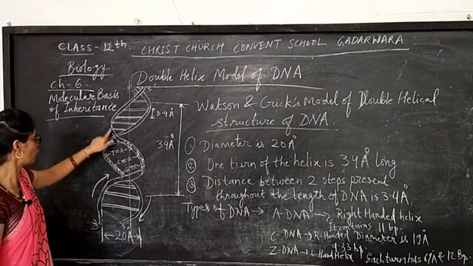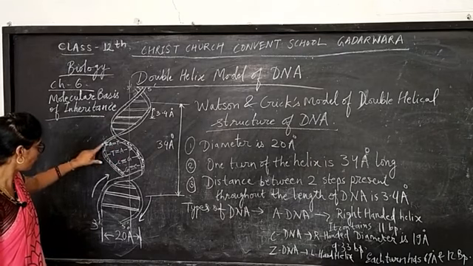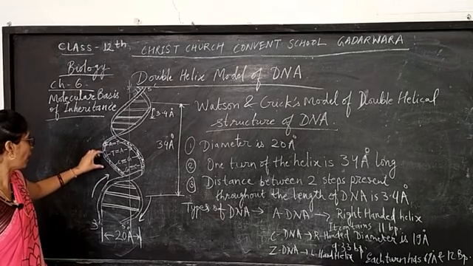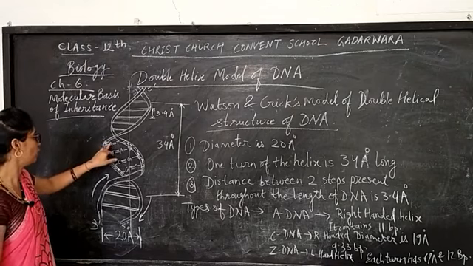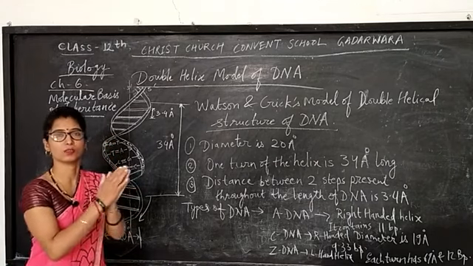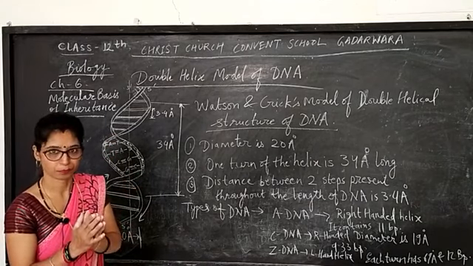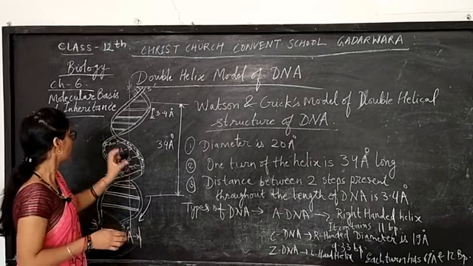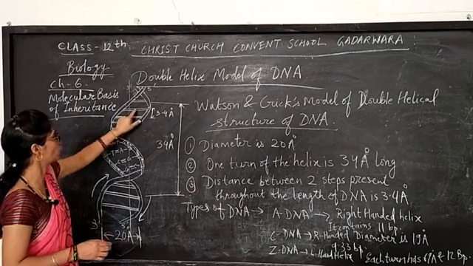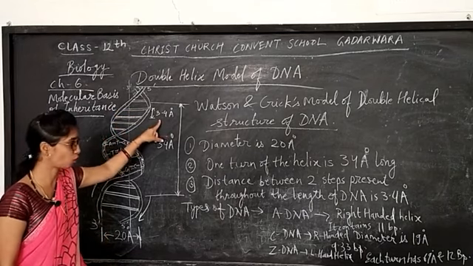And in this chain there is the chain of sugar phosphate, and they are joined with the purines and pyrimidines. One purine is attached with one pyrimidine. The distance between the two steps is 3.4 angstrom.